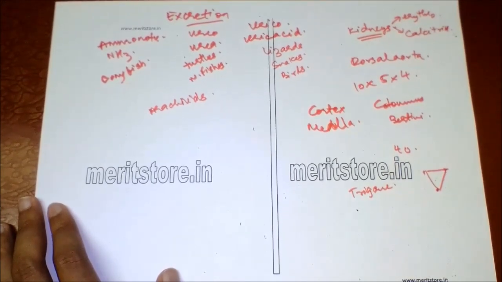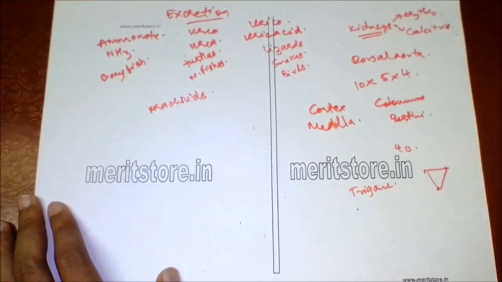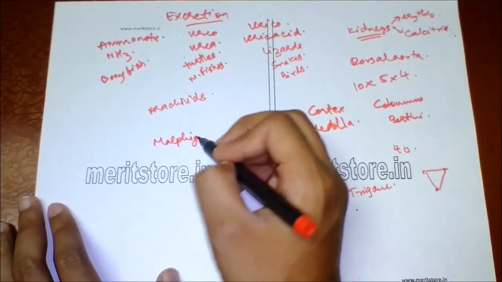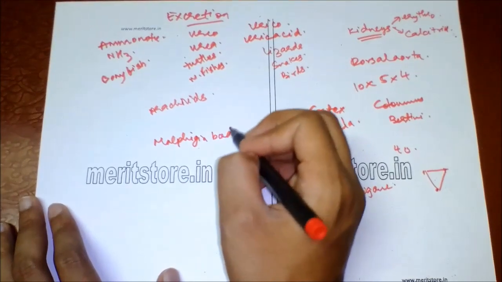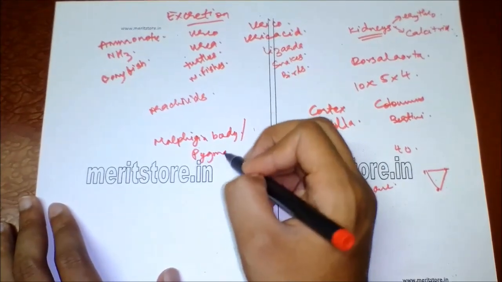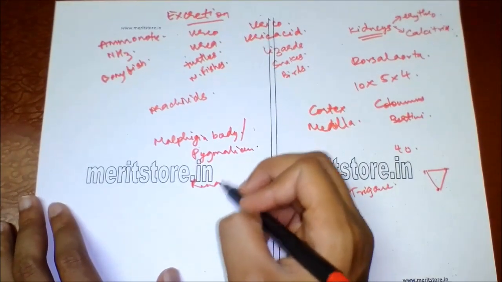Nephron is the structural and functional unit of the kidney, which consists of the Malpighian body, also known as the Malpighian corpuscle, and the renal tubule.